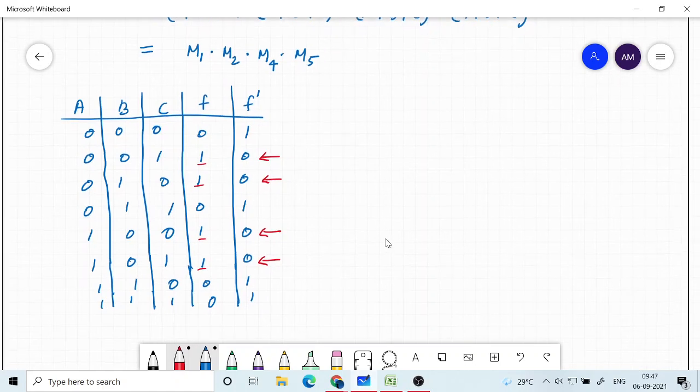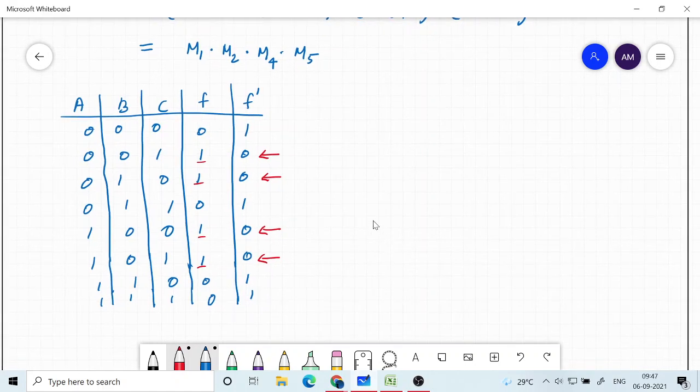Now, if we started with the min terms of F complement, then we would have got the max terms corresponding to F, right? Because F complement is basically F. F complement is equal to F.